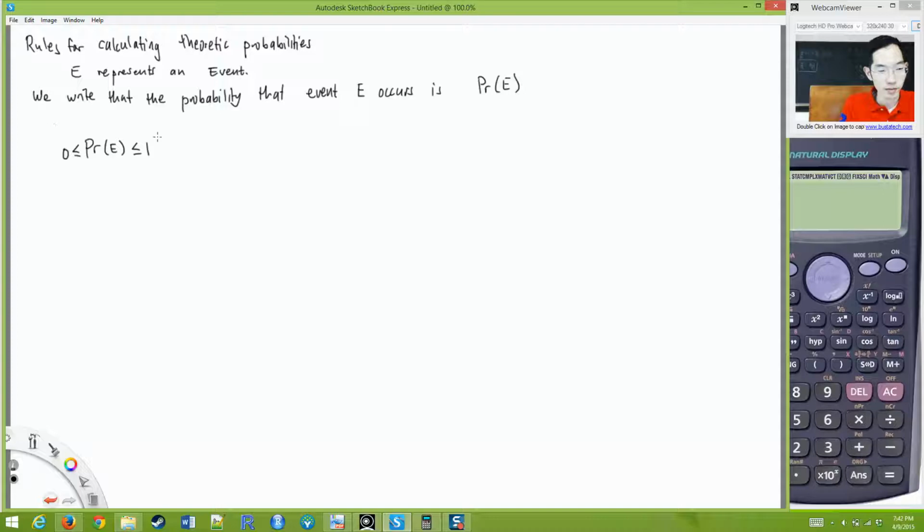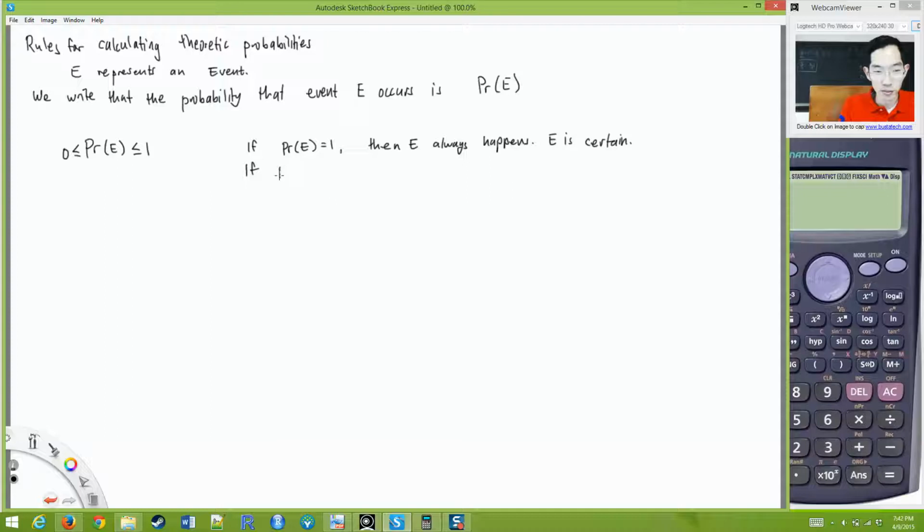If probability of E is equal to 1, then E always happens, whatever the event is. Always happens, or we might say E is certain.